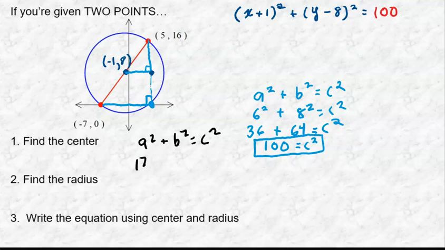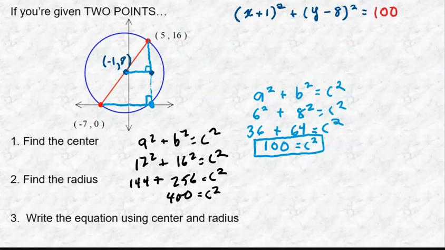And then the distance from 16 to 0 is 16. Now, when I plug that in, I get 144 plus 256 equals c squared, and now that's 400 equals c squared. And if you notice, 400 is not twice as much as 100.